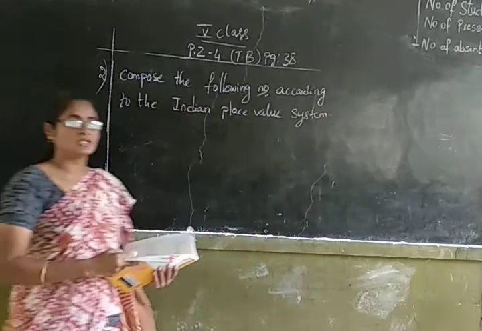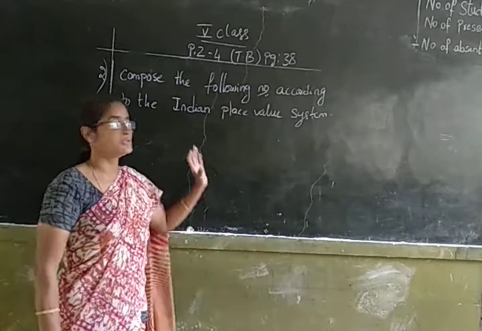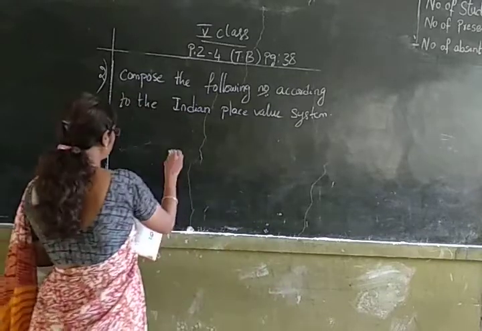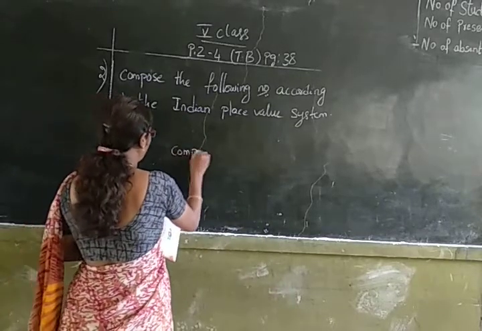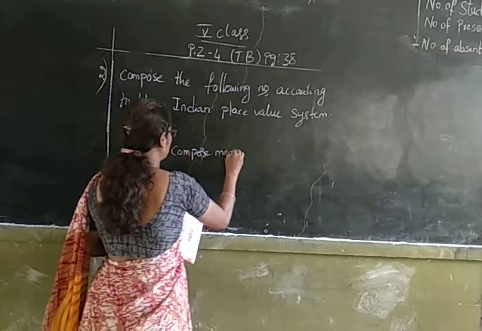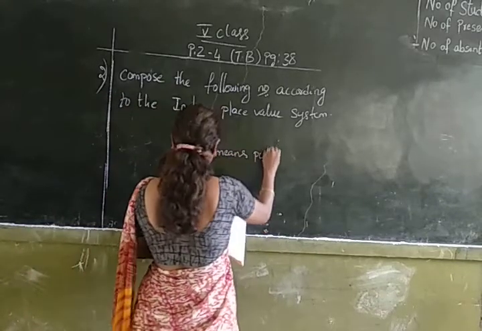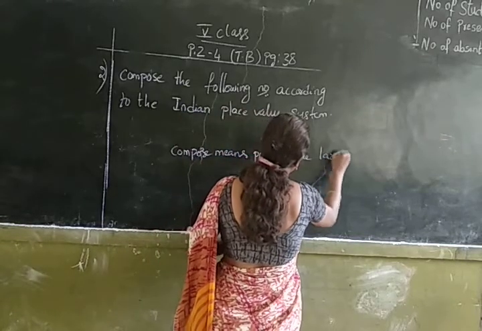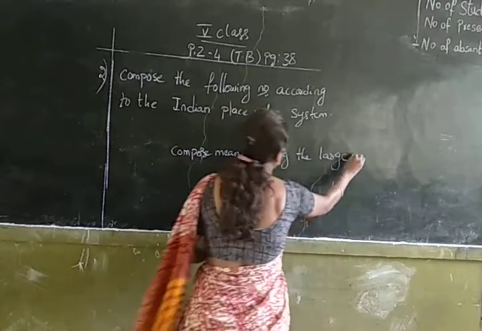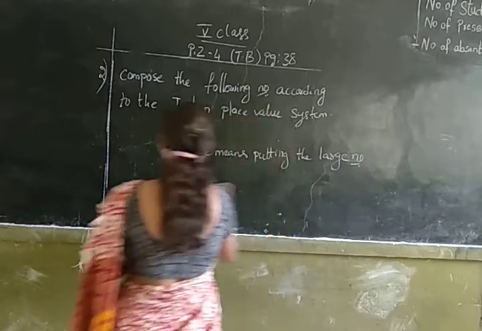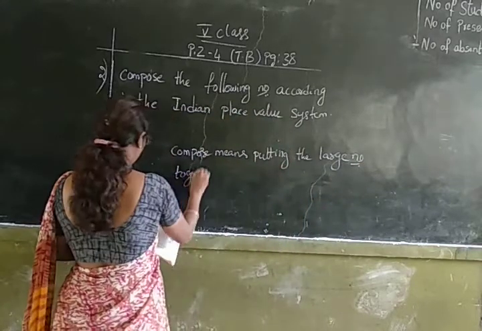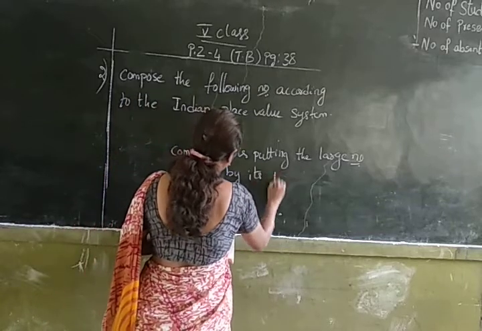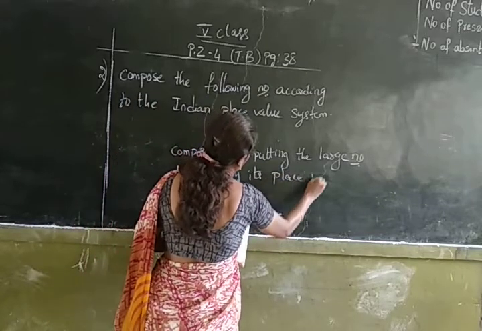Now what you have to do is compose the given numbers according to the Indian place value system. Compose means putting the large number together by its place value.